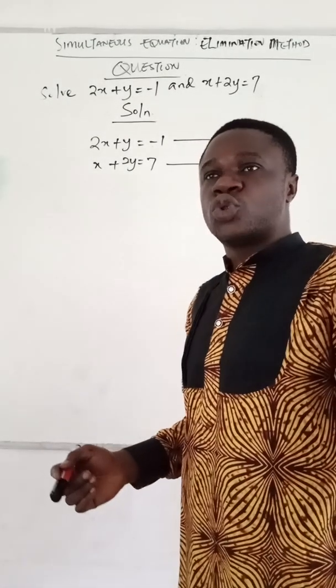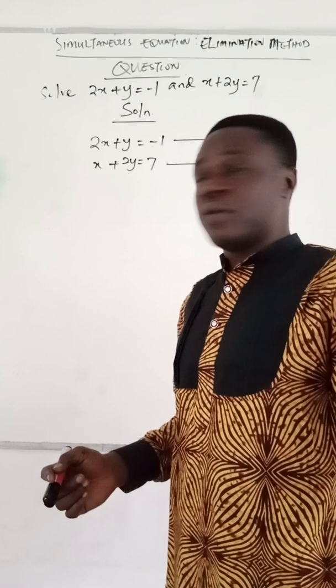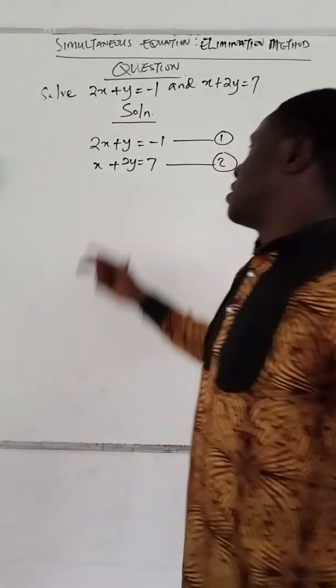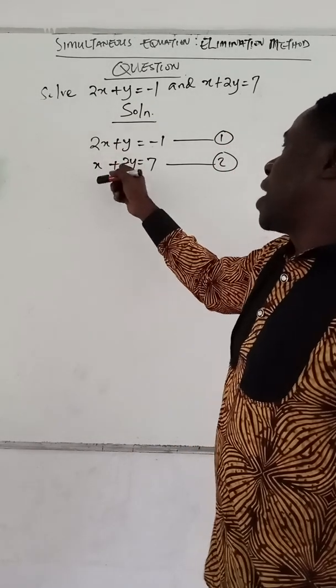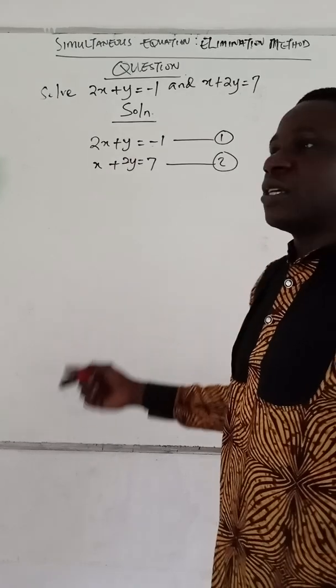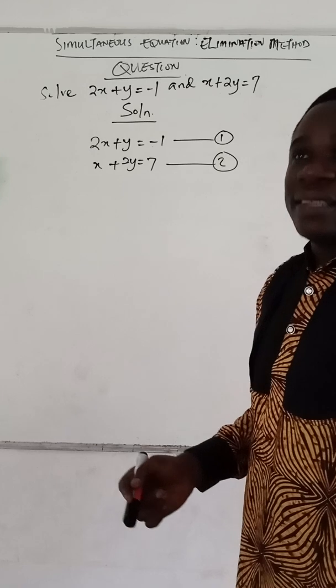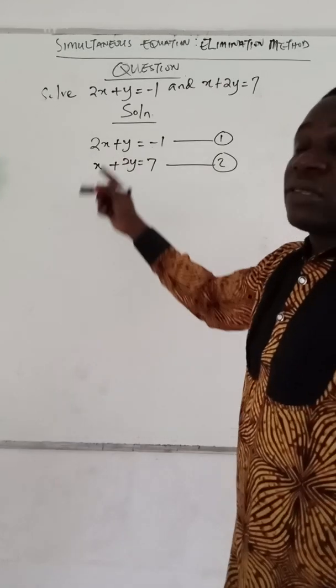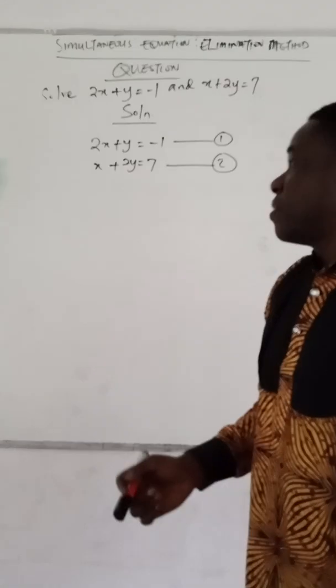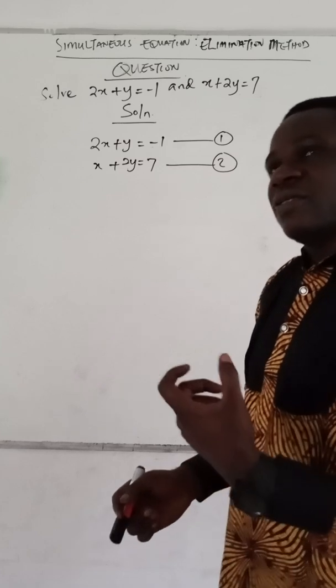The sign is not too material, but let the number be the same. For instance, you can have -2 and +2. It's okay, so long as the numbers are the same but their signs are different. If their signs are also the same, no problem. But the most important thing is the number.